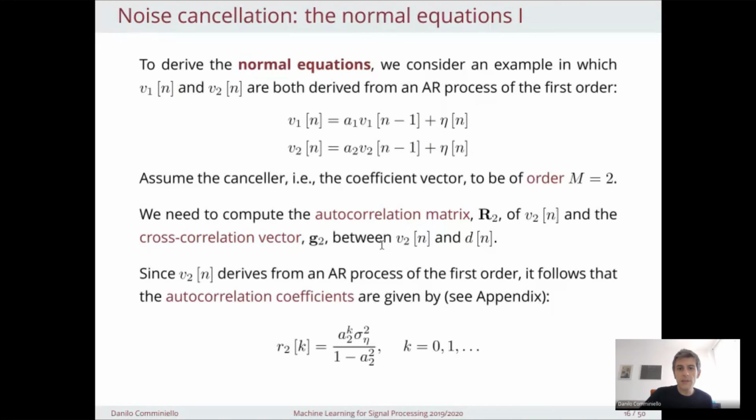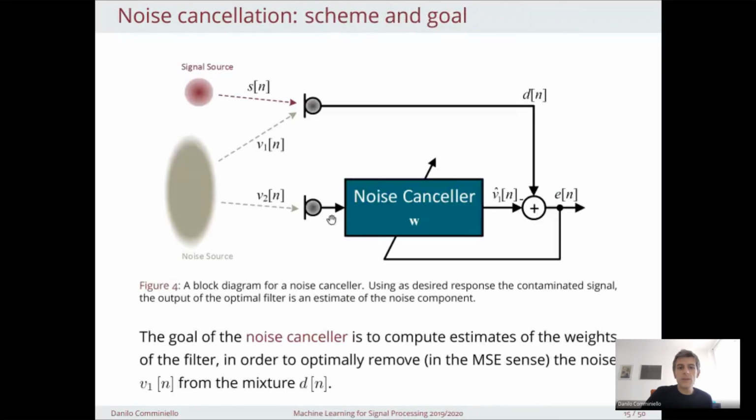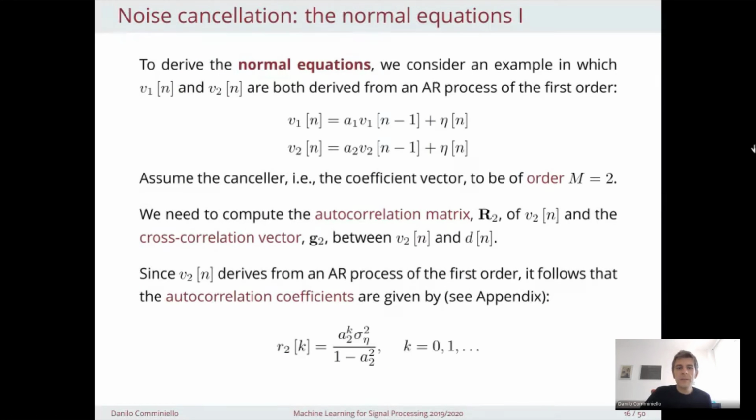It is based on the equation that you can find here. In the example that we saw, we are considering two signals coming from the same noise source, which is considered as an autoregressive process of the first order.